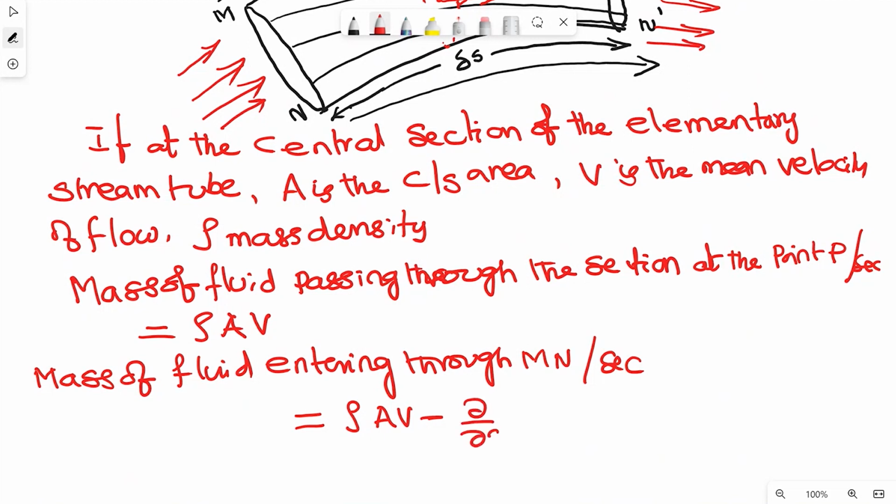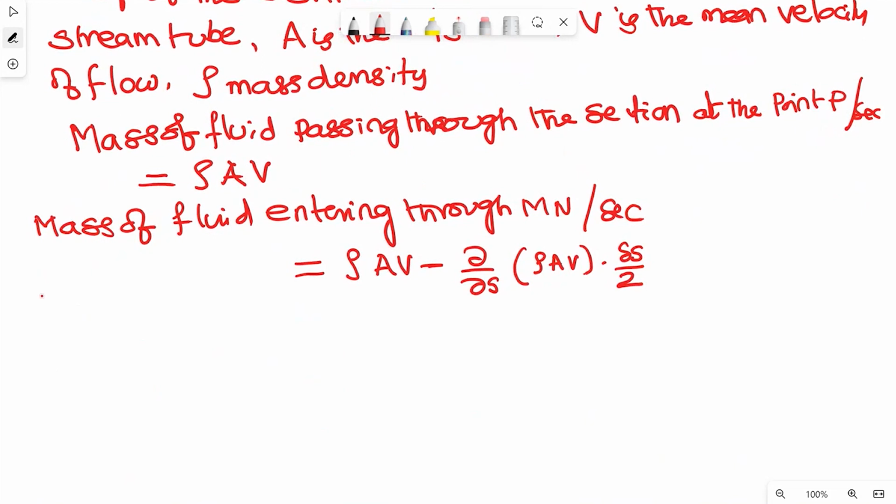Dou by dou s of rho AV represents the change of mass per unit distance, but the distance is delta s by 2. That is why we have written it like that.